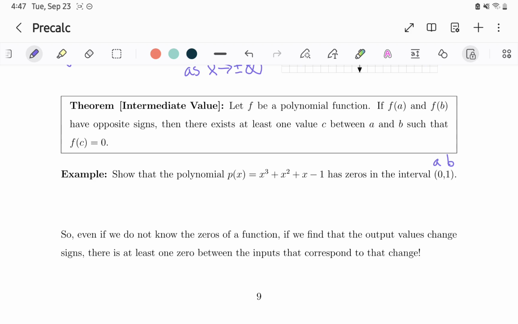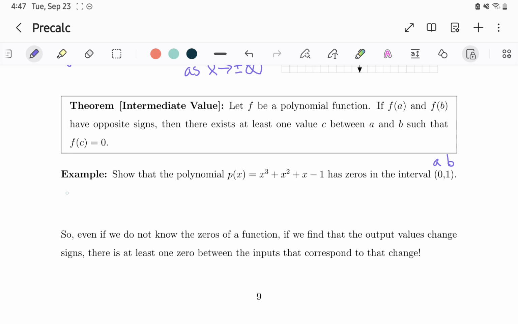And what we want to see is that p of 0 has the opposite sign of p of 1. And if we do have that, then we can use the intermediate value theorem to conclude that p of x has a 0 in the interval 0, 1.